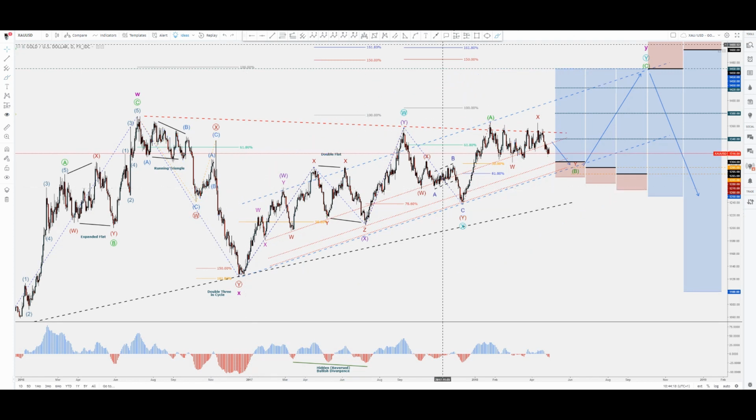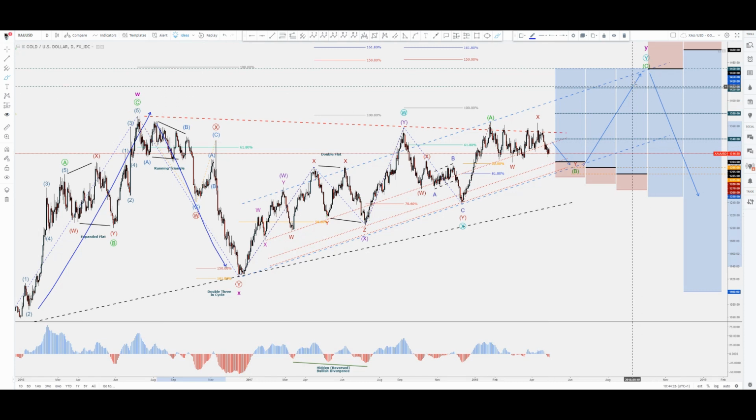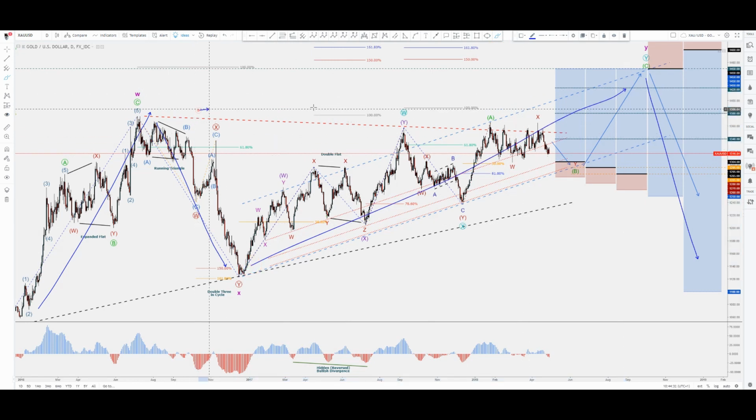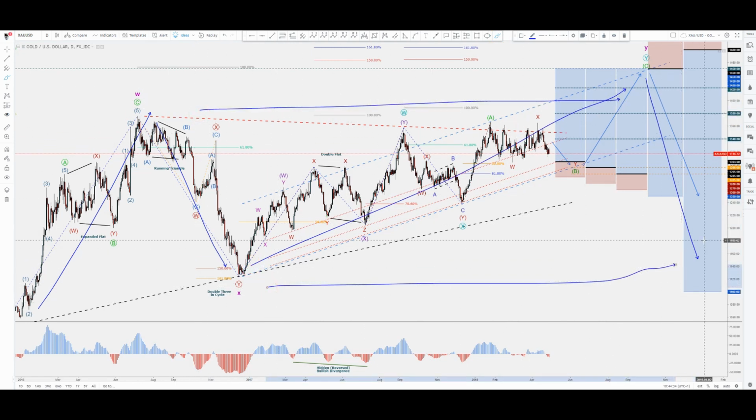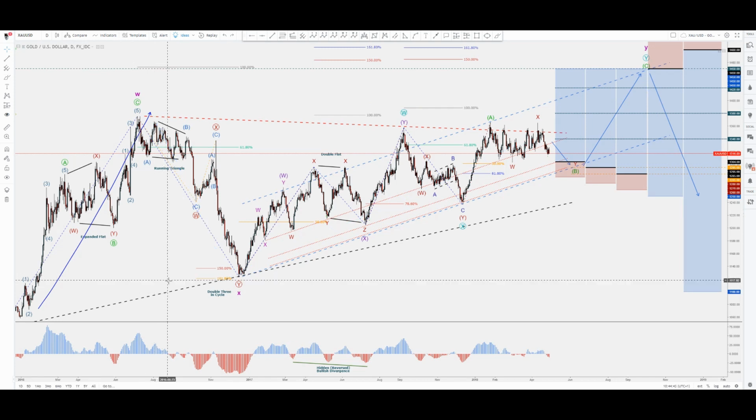So this leaves me to think that this could possibly not be the entire pattern, and this in the middle is the correction for this, hence the reason why I believe there could be one more swing down, so we can actually complete this pattern, and then gold can really shoot on the upside with a move similar to this. So according to the corrective structures, this corrective cycle may not be complete yet.